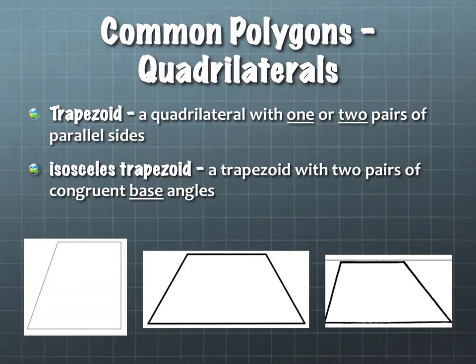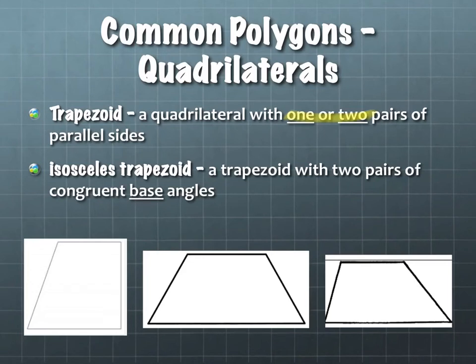This is a little fuzzy because it depends on the resources that you use. Some resources will say that a trapezoid has only one pair of parallel sides. If it has two pairs of parallel sides, it's got another name, and it won't categorize that as a trapezoid. And some resources will. It just depends on what materials you're using as to how it categorizes that.